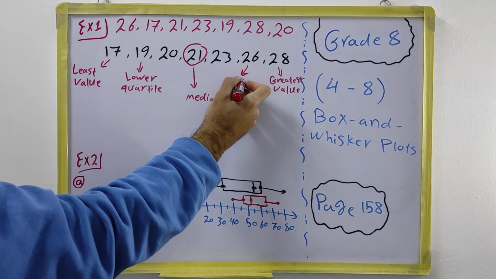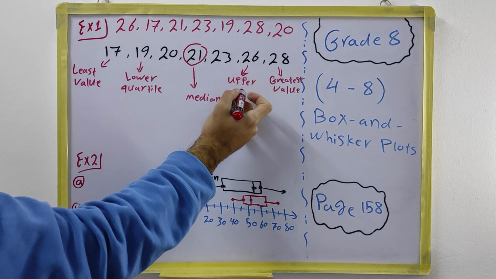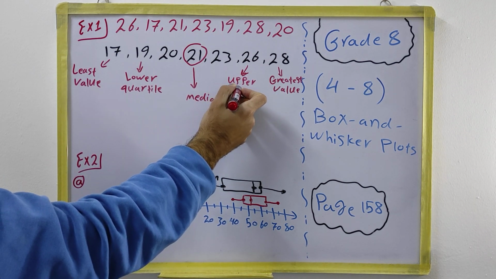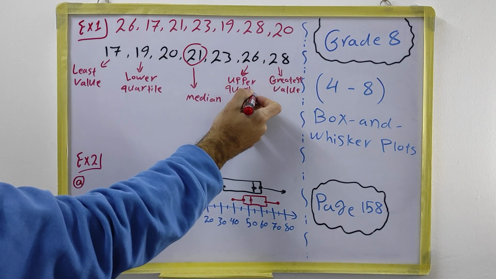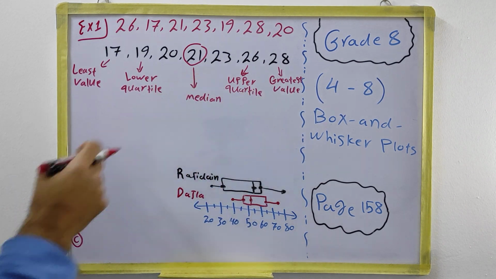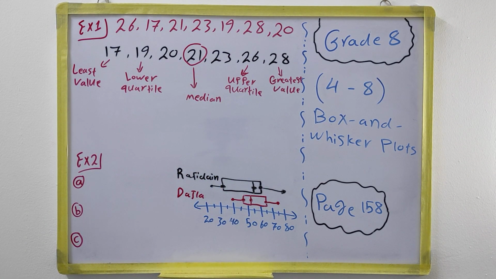We can say upper or third quartile. Upper quartile and third quartile, same. We did all the 5 values of the box and whisker plot, and then we can show them on the number line.